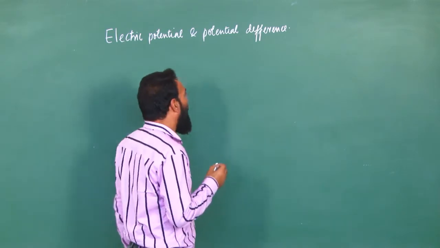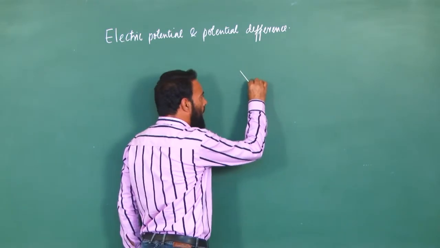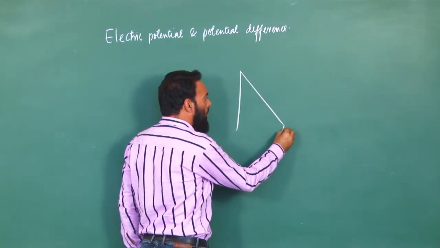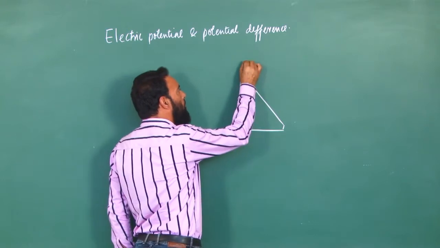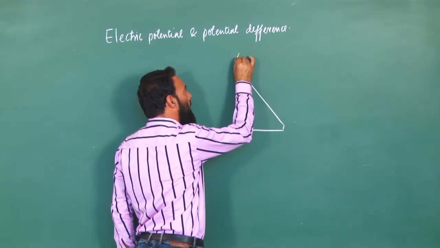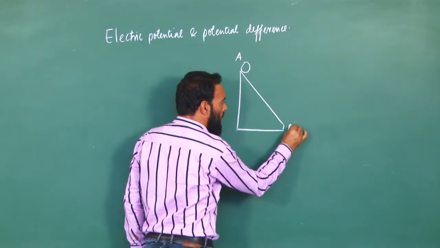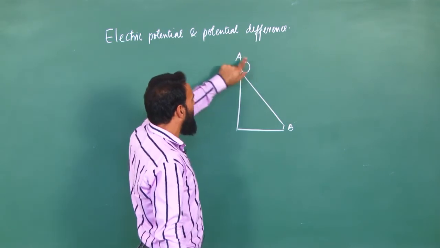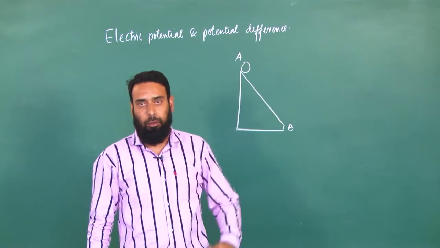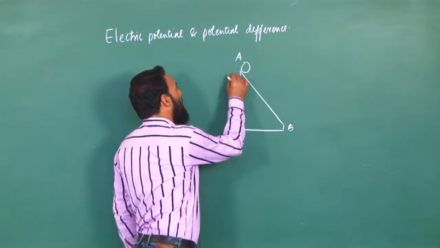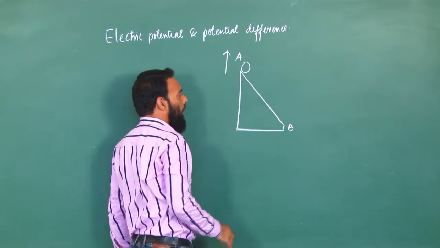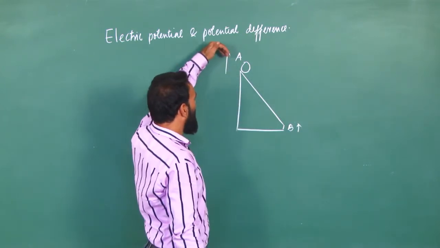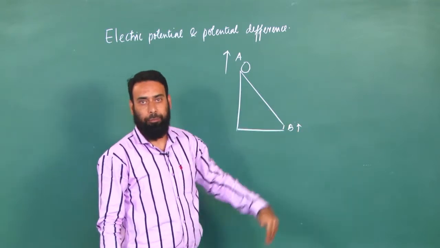Number one, if we take an inclined plane and I try to drop a ball from this inclined plane from point A to point B, you see, this ball will drop from point A to point B, because point A is at a higher height and point B is at a lower height. So this is why the ball is dropping from point A to point B.